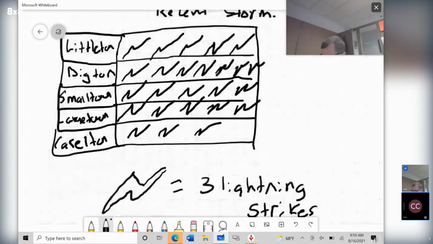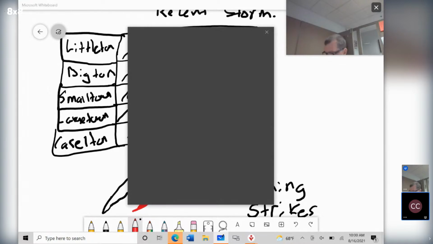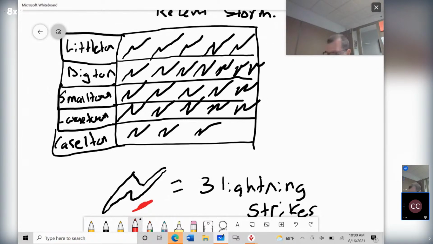And then we see each one of these little, I tried to do a lightning bolt, and I apologize. You can see I'm not very artistic, but each lightning bolt in this picture graph is going to equal 3. Okay, it's not always 1 for 1. In this case, each one of these symbols is going to equal 3 lightning strikes.